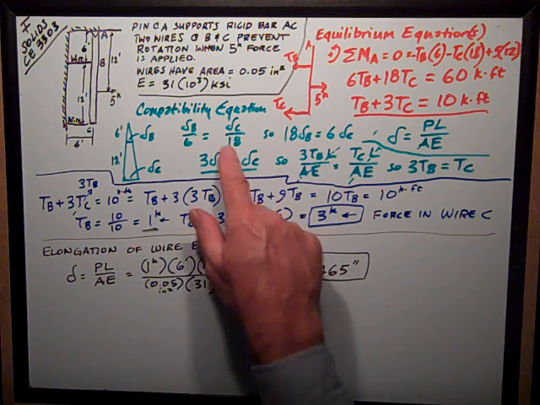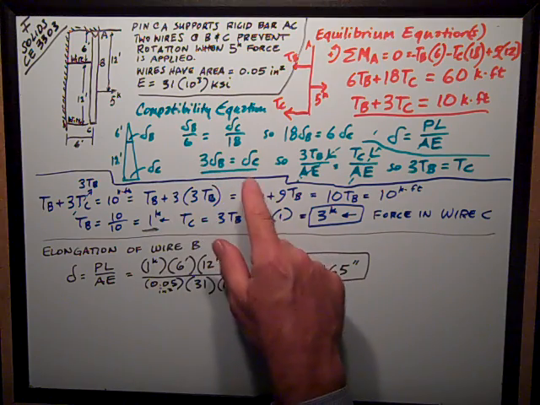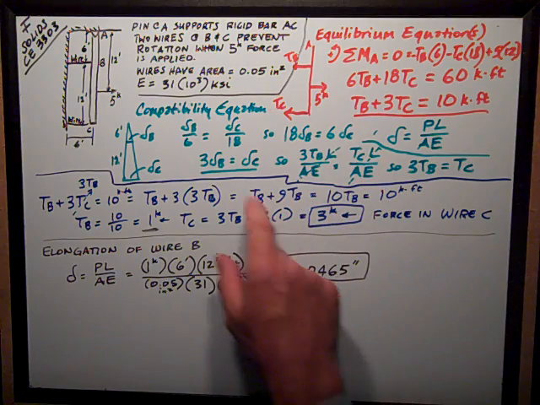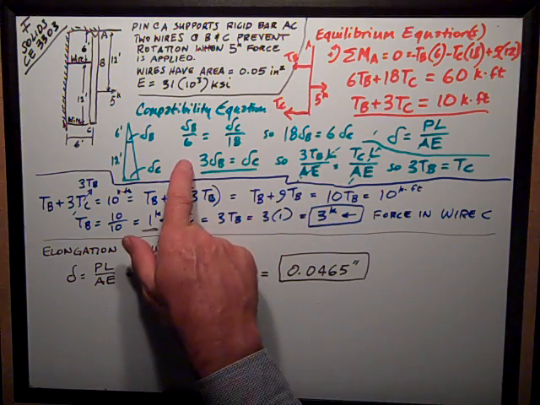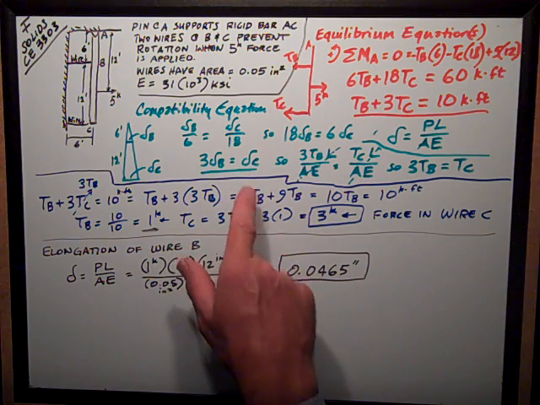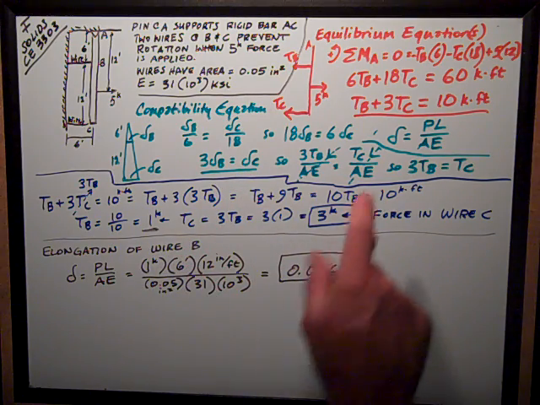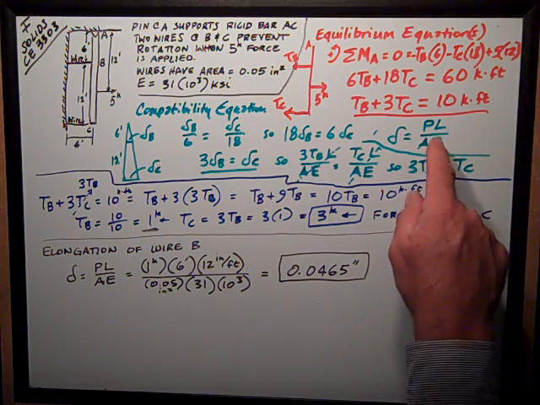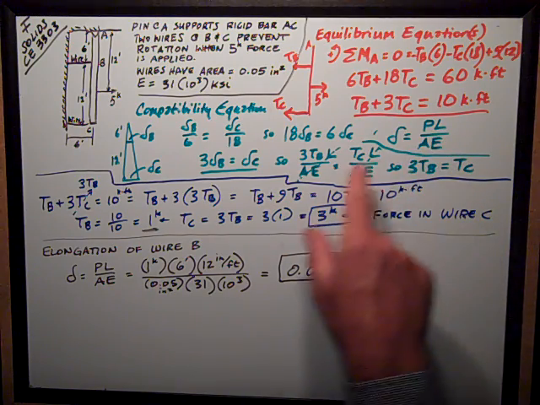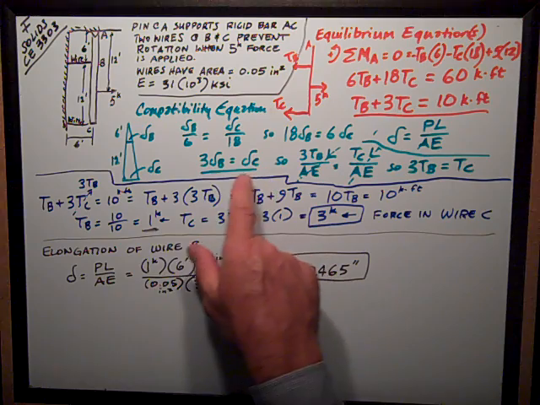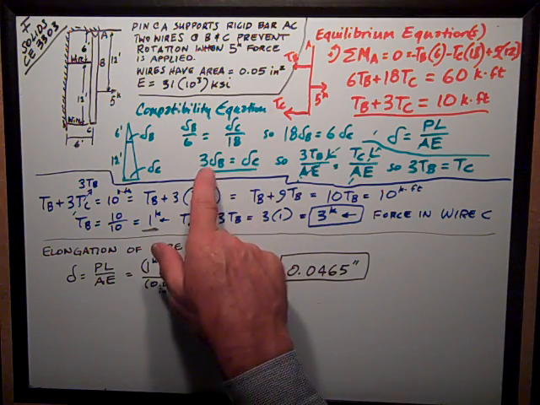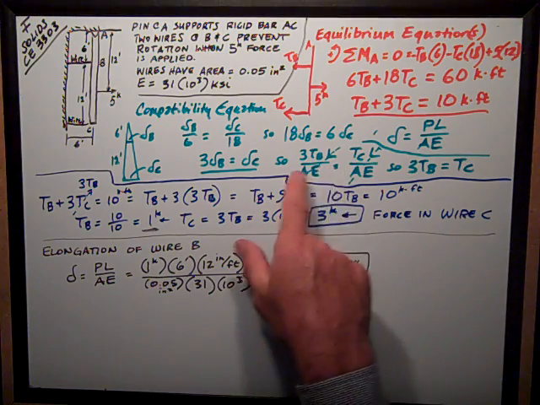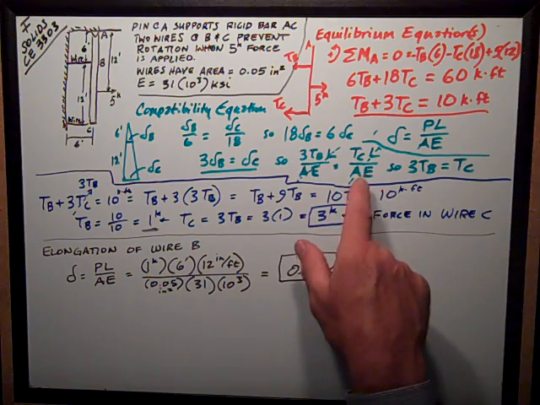So multiplying by the opposite side, I get 18 delta B is equal to 6 delta C. Simplifying that, I get 3 delta B is equal to delta C. Because the wires are under tension, they're going to elongate, and the elongation is PL over AE, so I can substitute PL over AE in for these deformation values, and I get 3 TB L over AE is equal to TC L over AE.